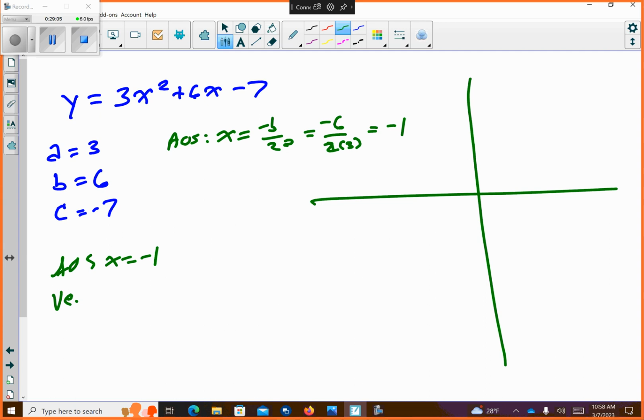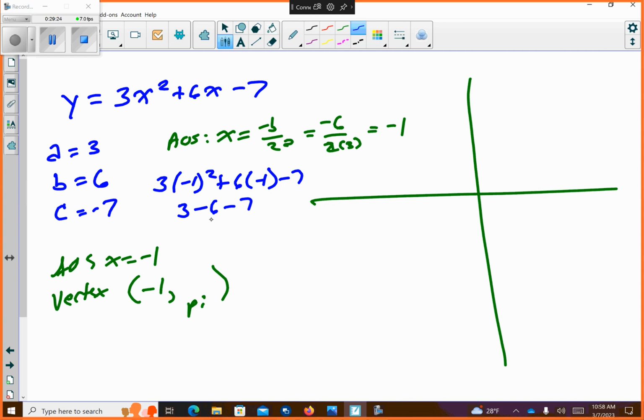Vertex is negative 1 comma plug in. So I'm going to get 3 times negative 1 squared plus 6 times negative 1 minus 7. That's going to give me 3 minus 6 minus 7, negative 13 plus 3, so that gives me negative 10. So negative 1, negative 10.